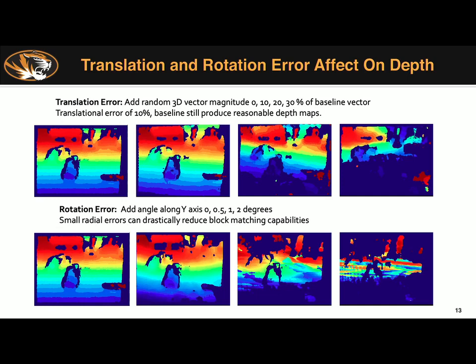Now, the rotation error is where things are really picky, right? This is like a lever arm effect. If you think about a really long stick, and you move it by 1 degree, at the end of that stick it's moved like 10 or 15 feet, right? So you have a lot of sensitivity to rotation errors, and that's definitely something we want to look at for future work.